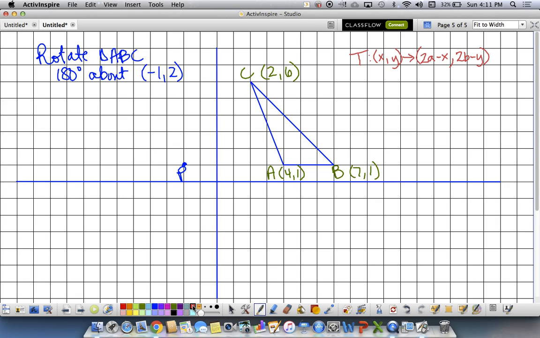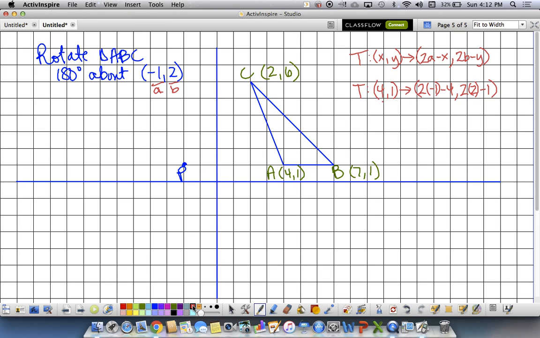Now I want to translate the point A, 4, 1. I'm going to go to 2 times, well, what was my A again? That's right, this is my A and this is my B. 2 times A, which is negative 1, minus x, which was 4, comma, 2 times B, B is 2, minus y, which is 1.